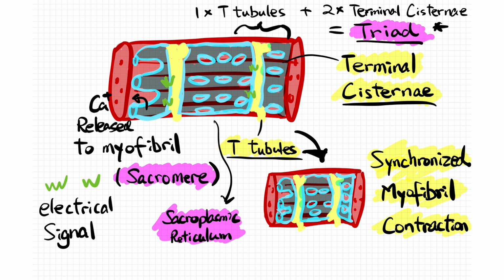The terminal cisternae are expanded regions of the sarcoplasmic reticulum that are located adjacent to the T-tubules in the skeletal muscle fibers. The arrangement of a T-tubule sandwiched between two terminal cisternae is often referred to as a triad structure.